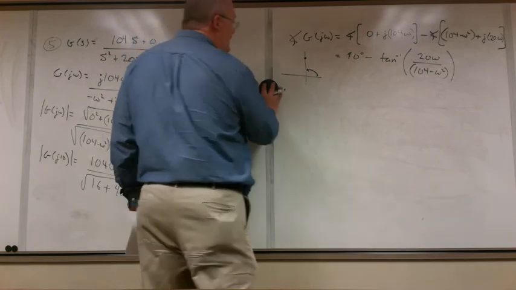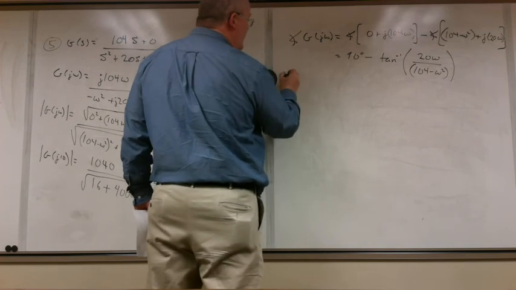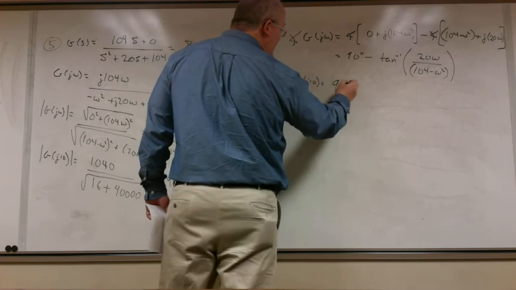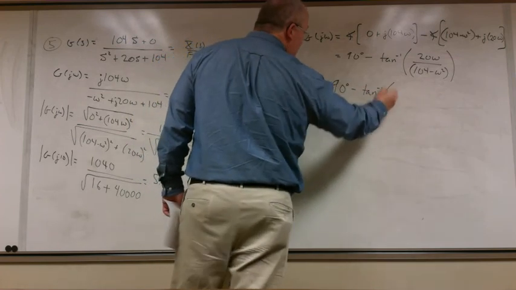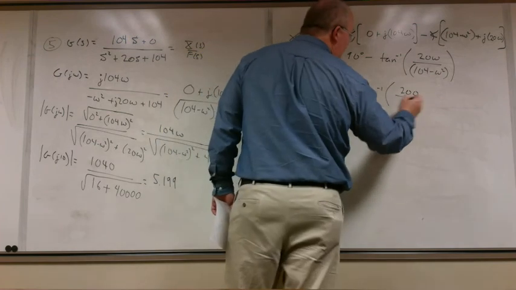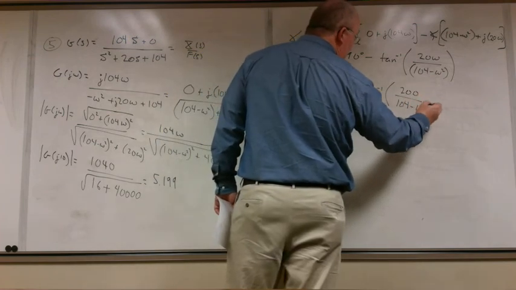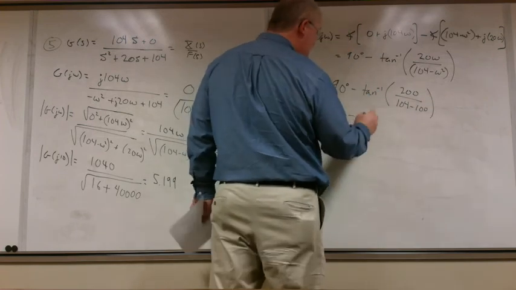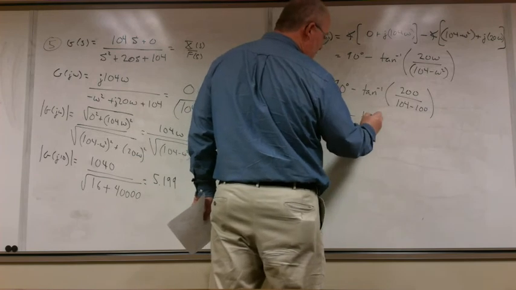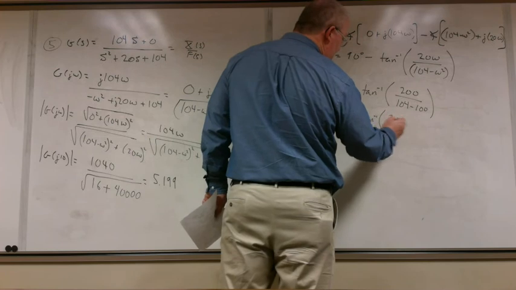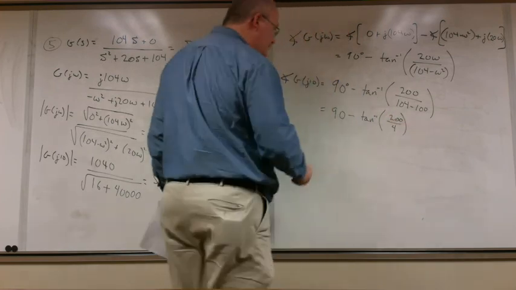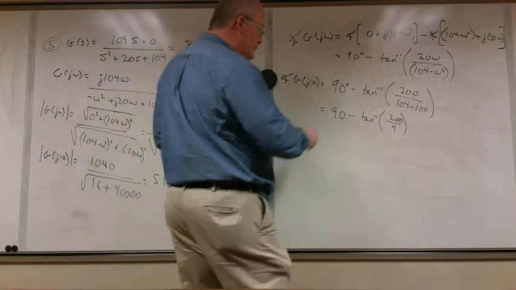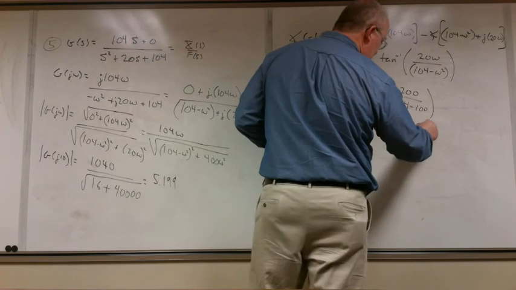Now what we should probably do is find the angle of G(j10), which is again 90 degrees minus inverse tangent of 200 over 104 minus 100, about equal to 90 degrees minus the inverse tangent of 200 over 4, which we already found was 88.86 degrees.